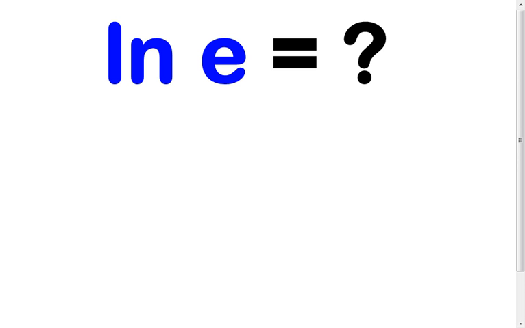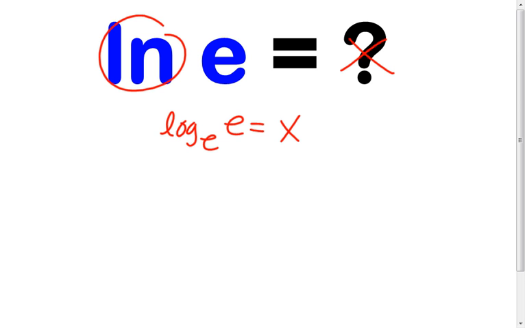Okay, if you type in ln of e on your calculator, you should get the number 1. And I want to show you why. Again, ln is the same as log base e. And if I'm trying to figure out what that is right there, I'm going to just make that be x.